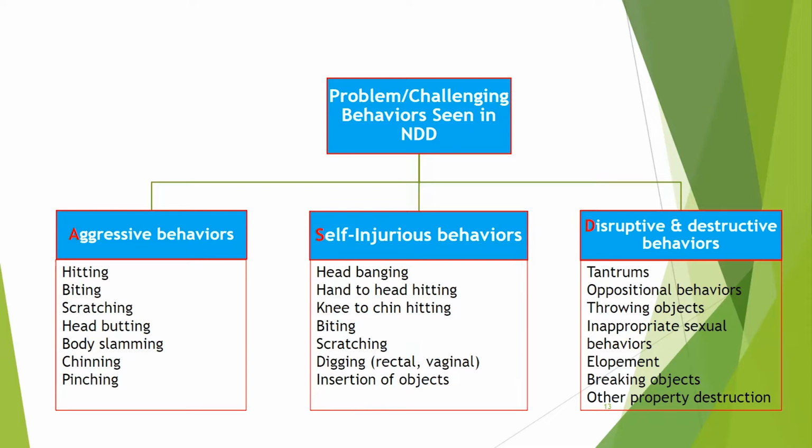And usually the aggressive behaviors are impulsive in nature or part of a behavior pattern. Self-injurious behaviors, when we refer to in severe neurodevelopmental disorders, they may not be part of a suicide attempt that may be seen in individuals who may be higher functioning, where they may be called deliberate self-harm.